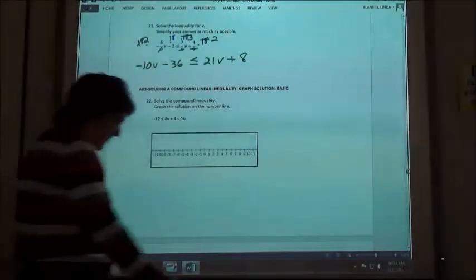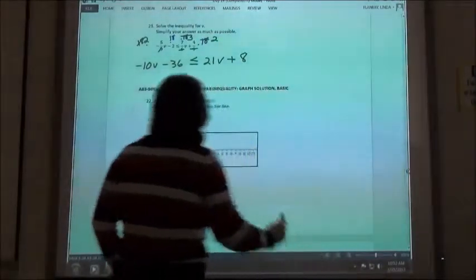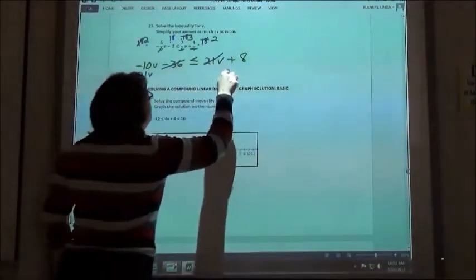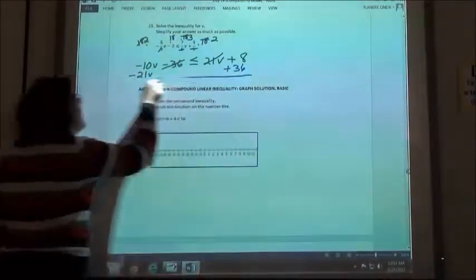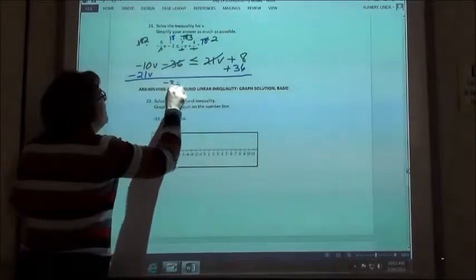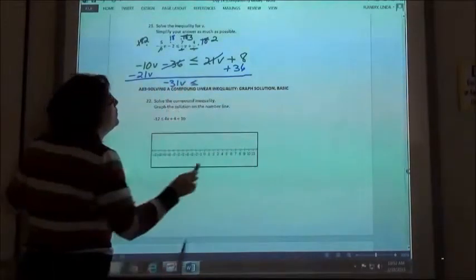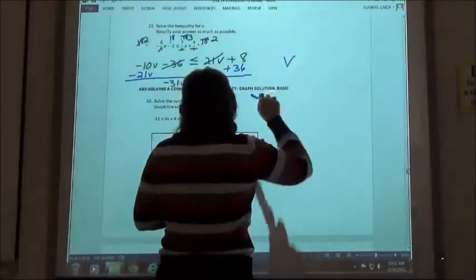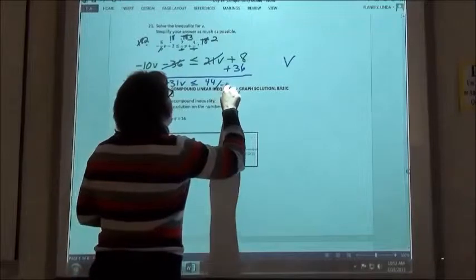So in order to solve that, we would bring the 21 v's to be negative 21v plus 36. Exactly. So we would get negative 31v is less than or equal to, and if we add that, we get 44, right? Yep, so the answer is going to be v is less than or equal to 44 and negative 31.